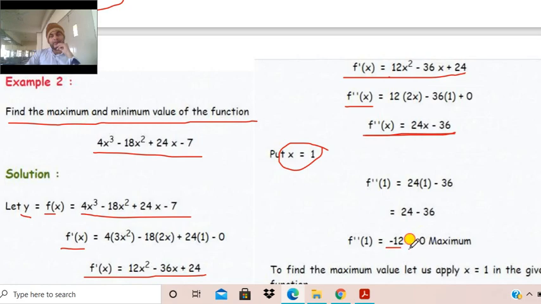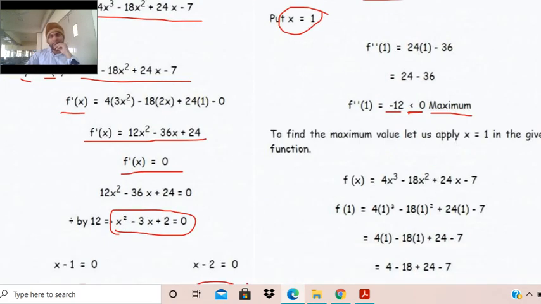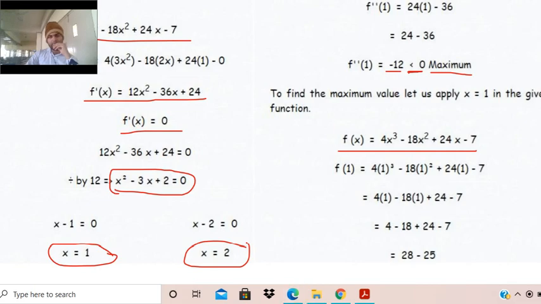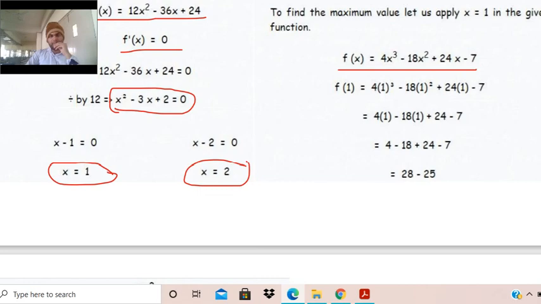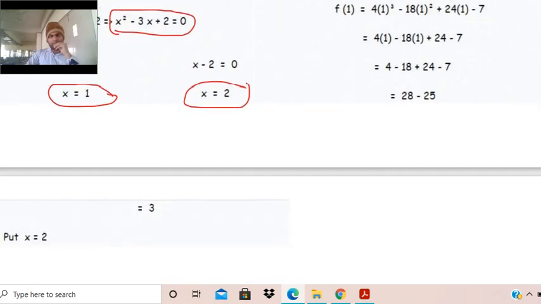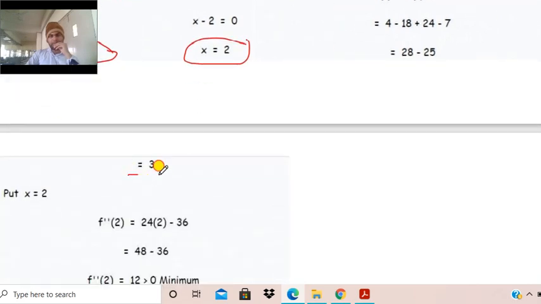That is less than 0. Because it is less than 0, so it is maxima at this point. Now we will put x is equal to 1 in the function that is given to you, and that will give you the value to you, that is 3.